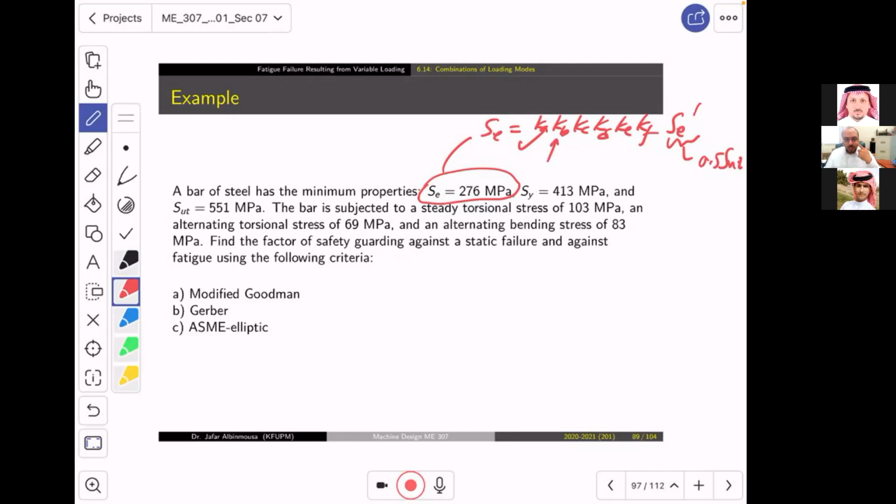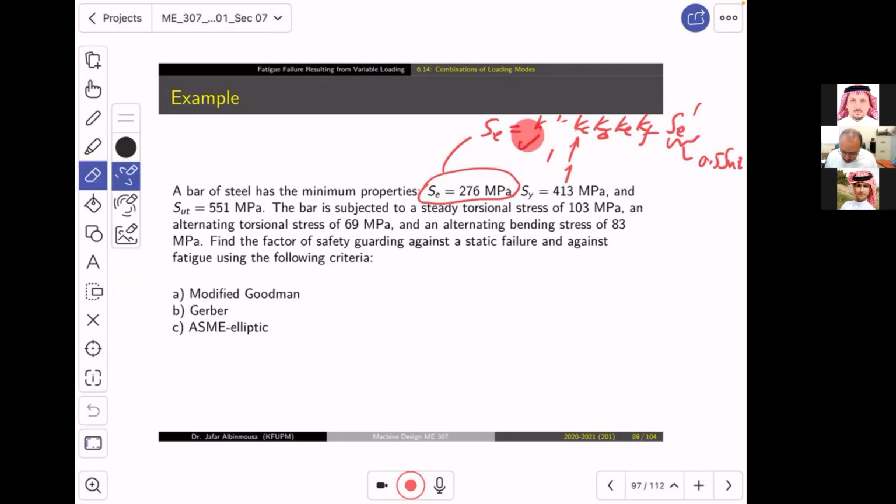We will use K_B for multi-axial loading, and I'm going to talk about it later. K_C is equal to 1. You must put it equal to 1 if you have a multi-axial loading, and you will see that this is going to be adjusted later. So I am going to come to calculating S_E prime, inshallah, in the next class.